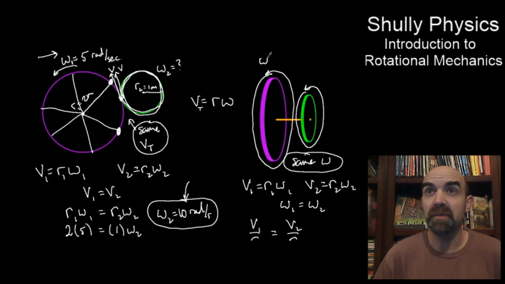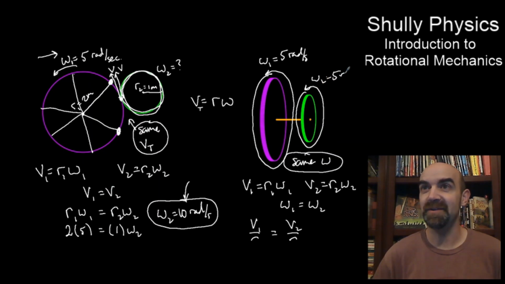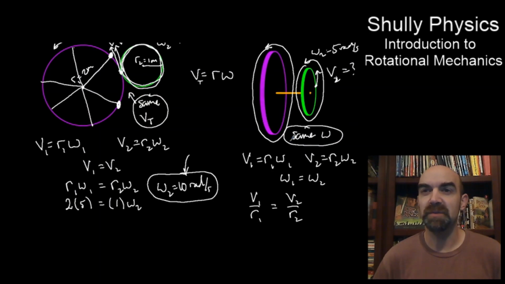If we start again, if omega 1 has an angular velocity of 5 radians per second, that means omega 2 is also 5 radians per second. But what would its edge speed be? v2 might be something we're looking for. As long as we know the edge speed of the first one, oh, well, if you're given an edge speed, I guess this is where it's helpful. But in this case, we're given an omega, and I could just substitute r1 omega 1 up here, and we'll see a little bit of cancellation.